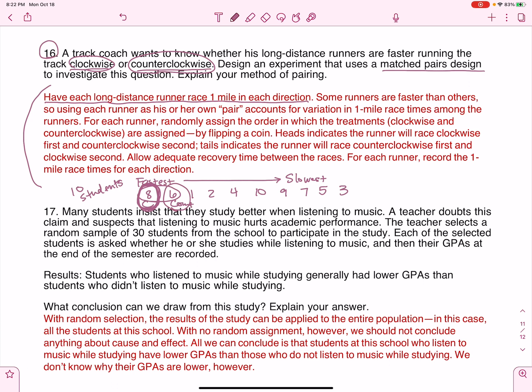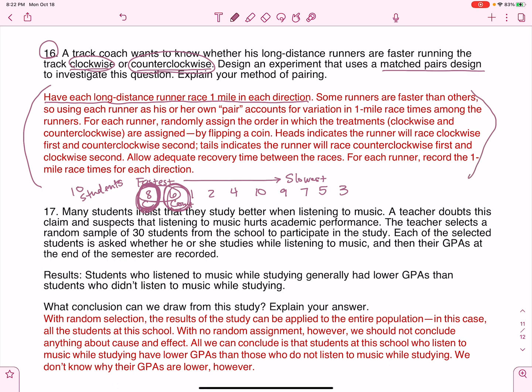Then they'll take a rest, and then they'll flip. So 6 will run it clockwise, 8 will run it counterclockwise. They'll switch. Okay, so that's basically what I have written down right here.